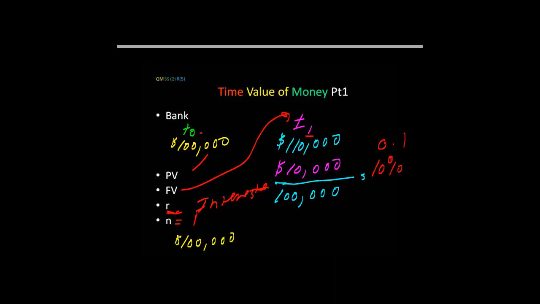This 100,000, we multiplied it by our 10%, and the 10% is 0.1. Multiplied by 10%, and that gave us our $10,000.